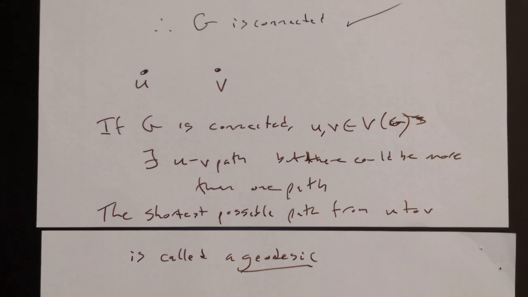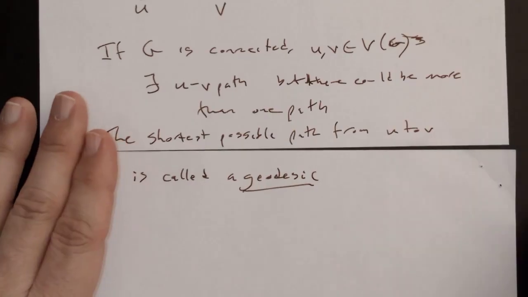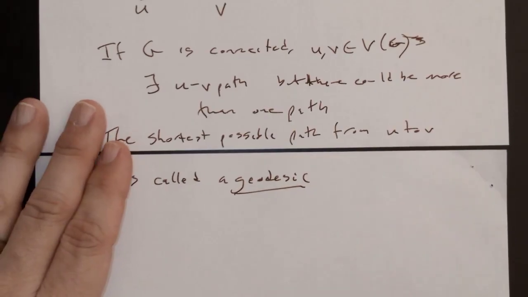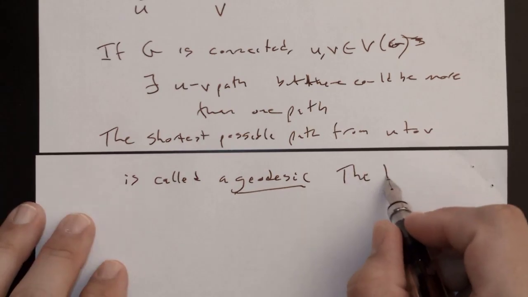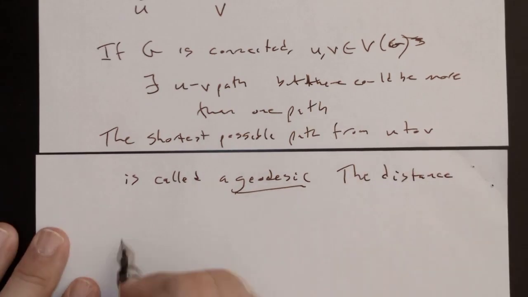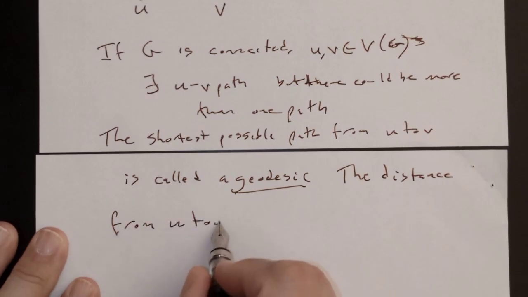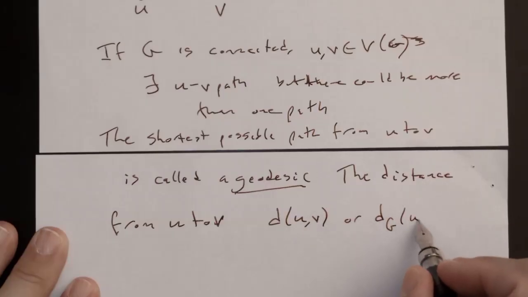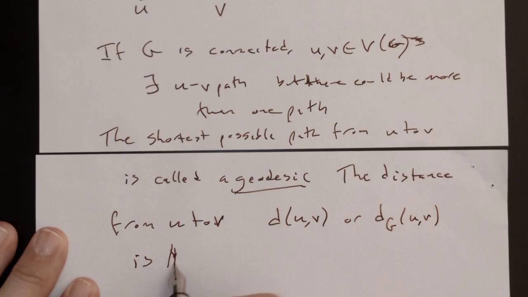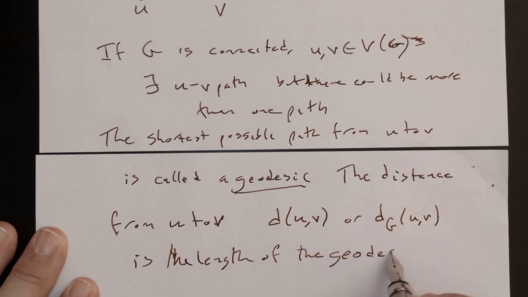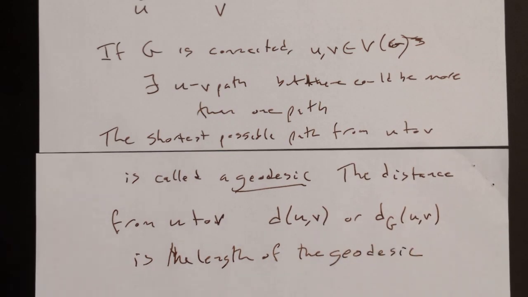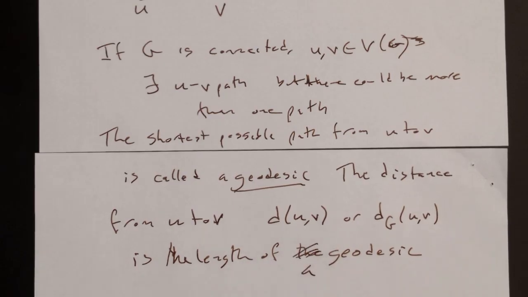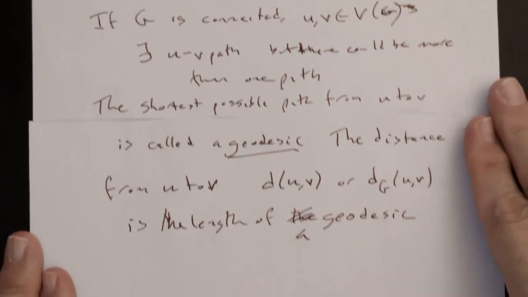And the distance from U to V is the length of that geodesic. It is again still possible to have more than one geodesic.